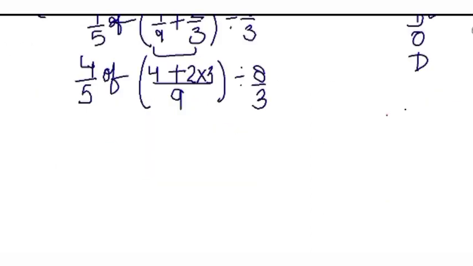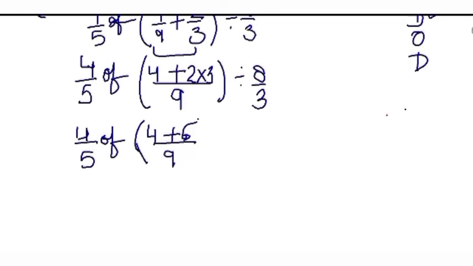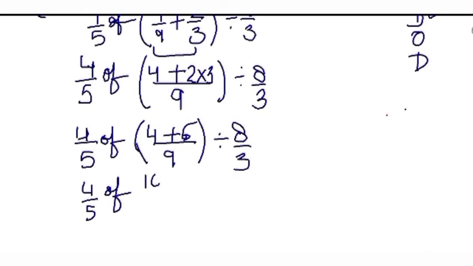Now solve it. 4 upon 5 of 4 plus 3 2s are 6 upon 9 divided by 8 upon 3. 4 upon 5 of 4 plus 6 is 10 upon 9 divided by 8 upon 3.